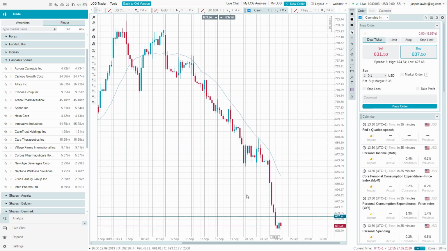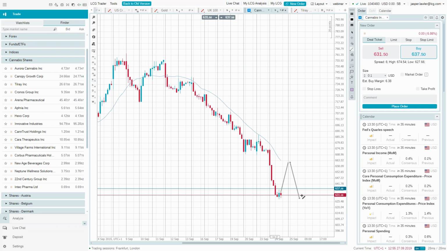So if the market developed like this, we've had a big leg down here, say we rallied up, and the market tried to come down and make a new low, but failed to do so. And then there was a bit of stuttering around.